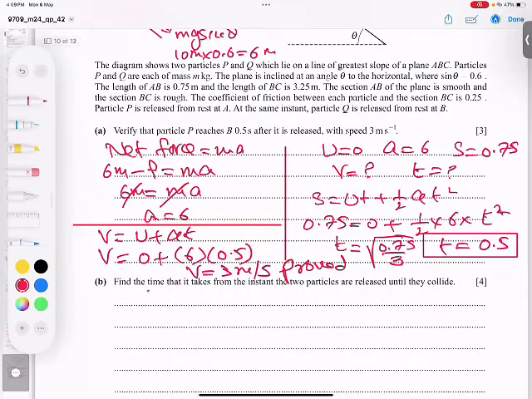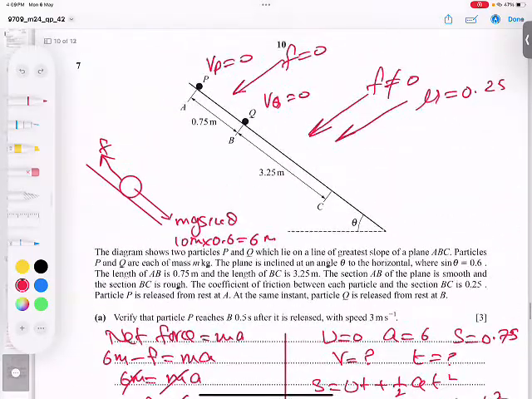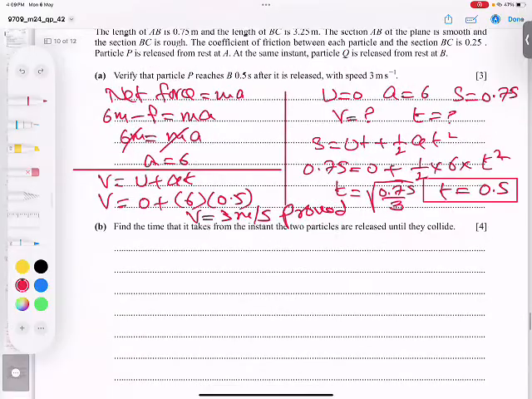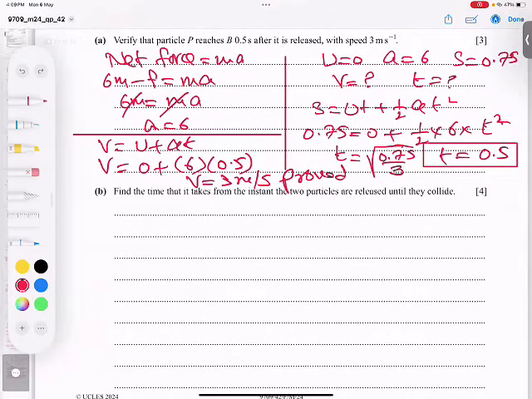Find the time it takes to travel from the instant the two particles are released until they collide. So now, students, I will show this on the diagram. The collision may be somewhere here. So let's talk about it step by step, until they collide. Step number 1: this is the P particle, this is the Q particle, and I will show you 3 to 4 steps.